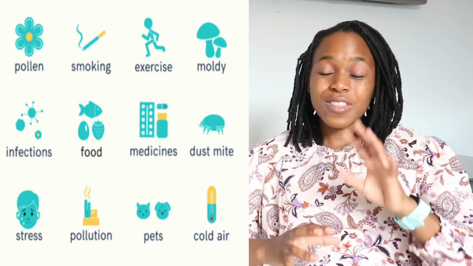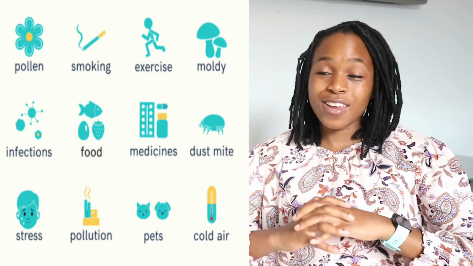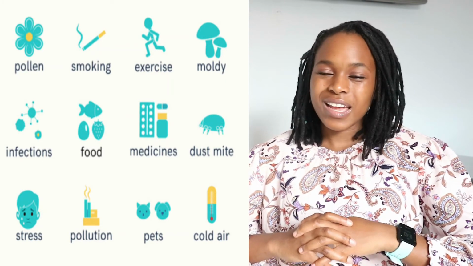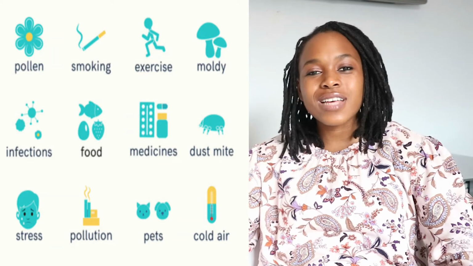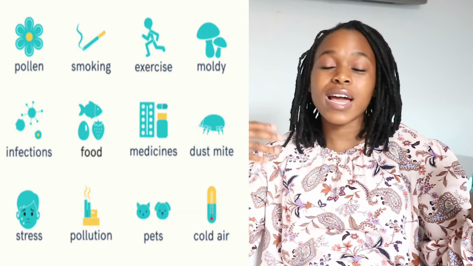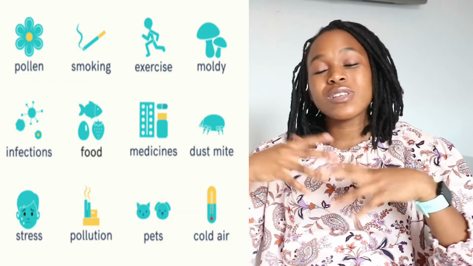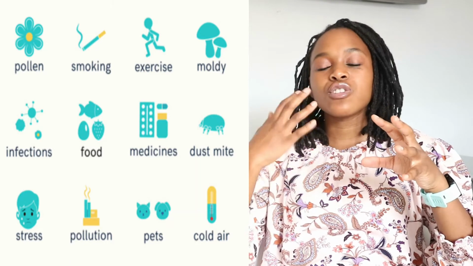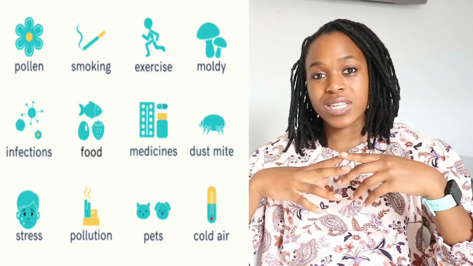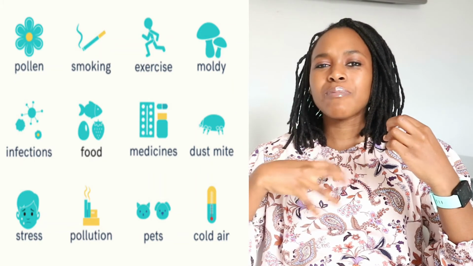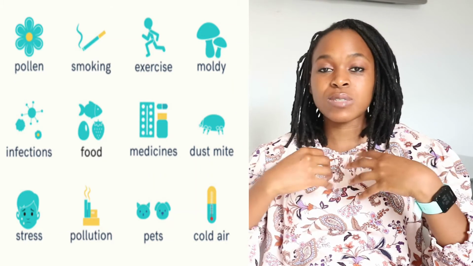All right, now there's one thing that can also induce an asthma attack, and that is exercise. And you're probably like, how can exercise be a good thing for me but make me have an asthma attack? Now, the reason why you may get an asthma attack during exercise is because you're not breathing efficiently, firstly, or you may have some pathology that has already taken place within the lungs.